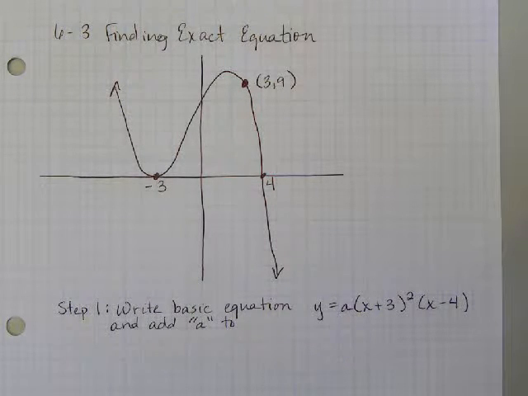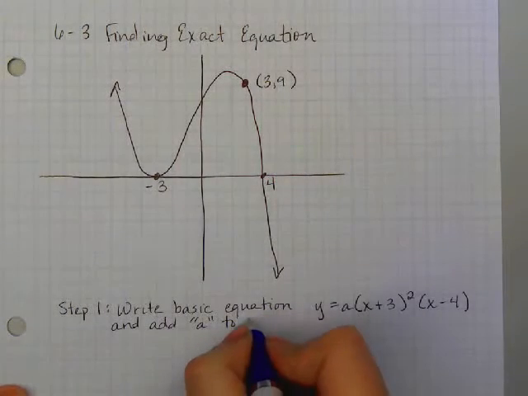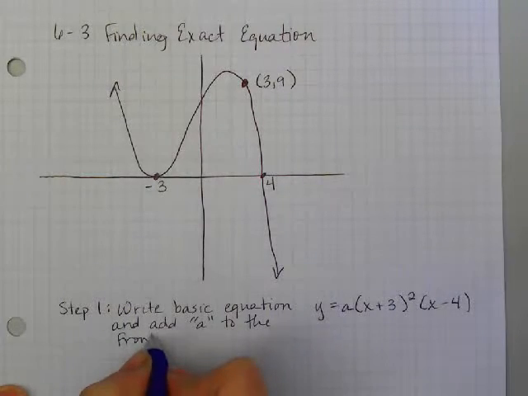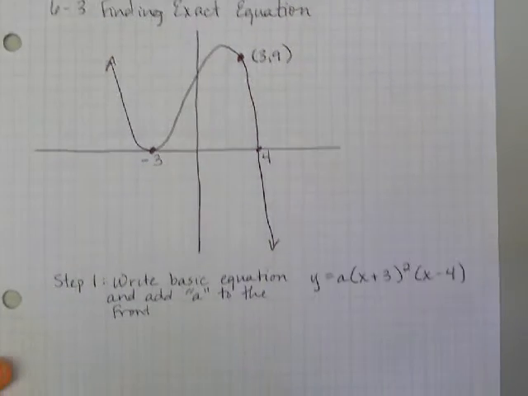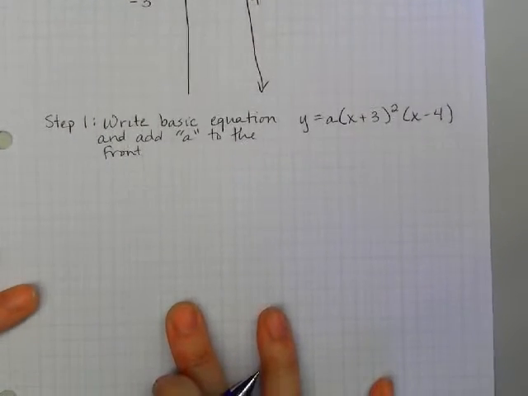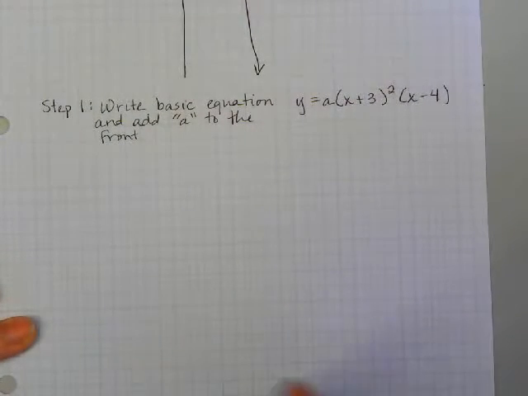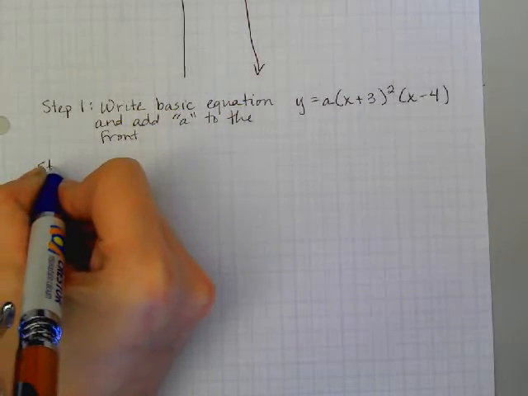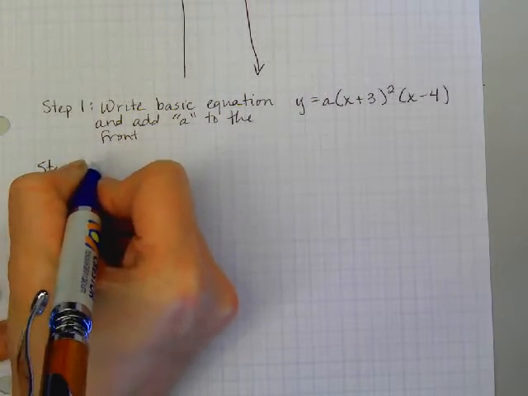So I'm going to scooch this up since you guys have that graph already written. The next thing I'm going to do is just like what we did way back in chapter 1. And I'm going to plug in the x and y from that passing through point.